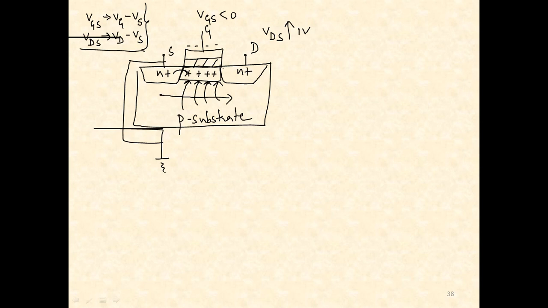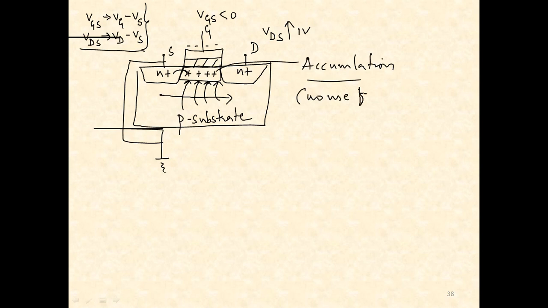An electron can never enter from the source into the channel and then reach the drain in this case, because there is absolutely no electron channel present. The channel is full of holes, right? So this type of voltage polarity is not going to help us. We call it accumulation phase.